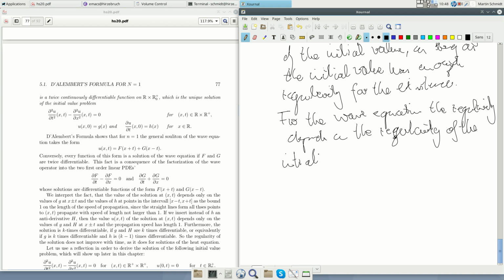It's more or less the same. Yeah, so the regularity does not increase with time. Yeah, we say the regularity does not increase with time.